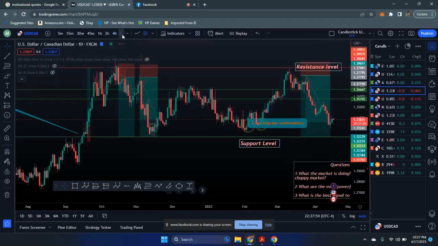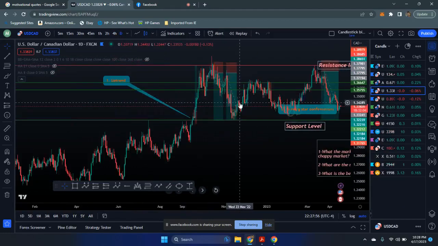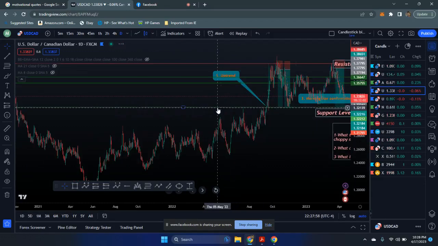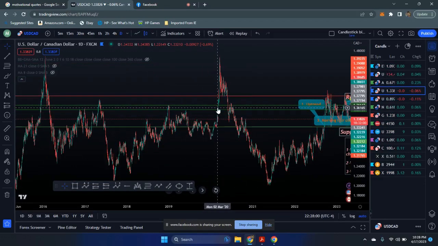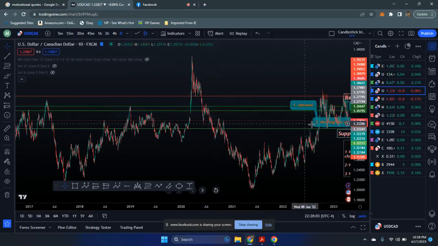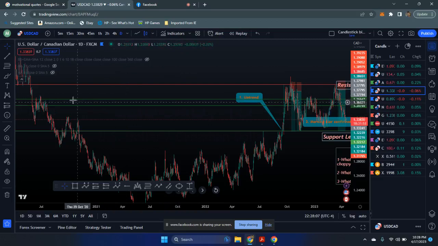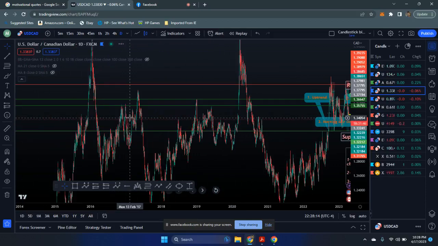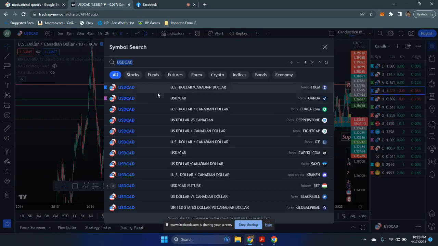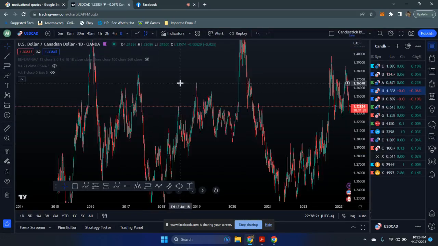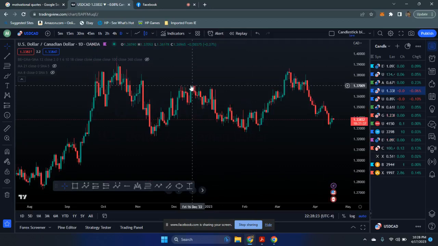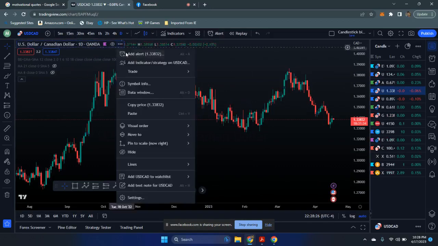They said the daily and the 4-hour are strong moves. It looks like this is an area. So what I'm actually going to do is put a new USD CAD on here. Let's just use Oanda.